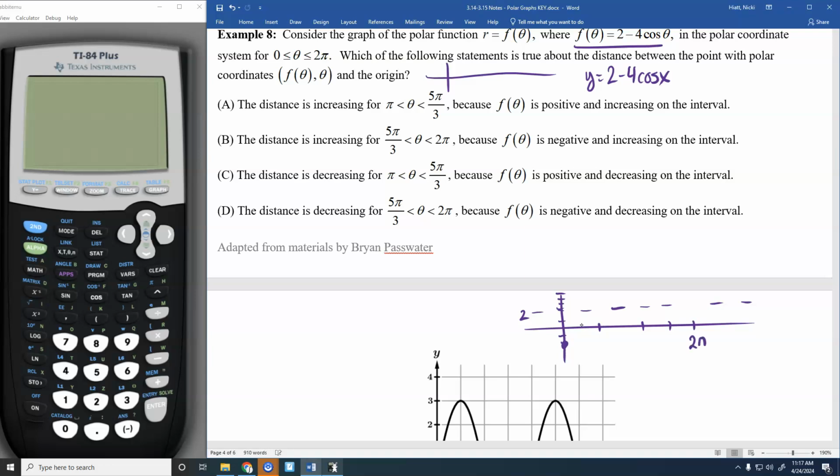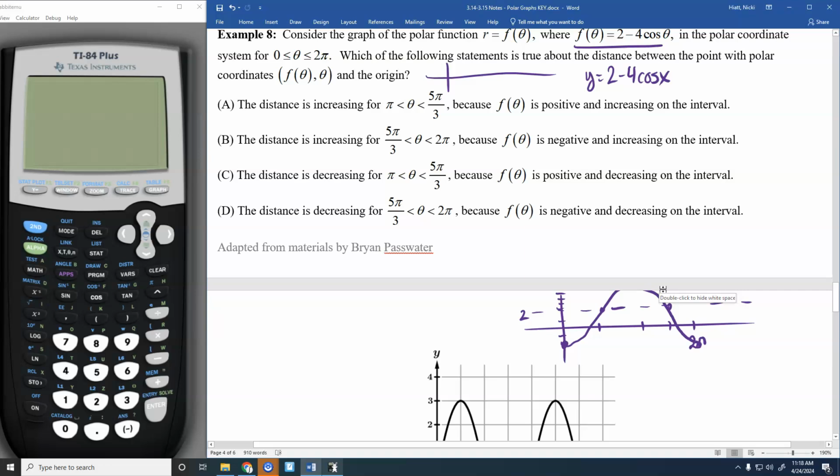This would be 2 pi, and then go midline, maximum, midline, minimum there. So it would look like this.